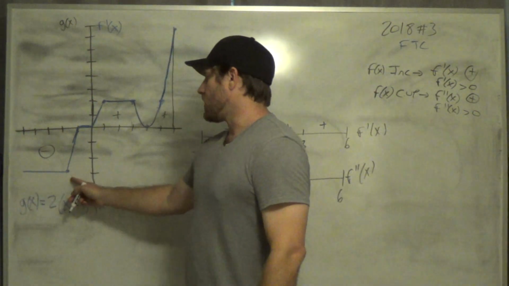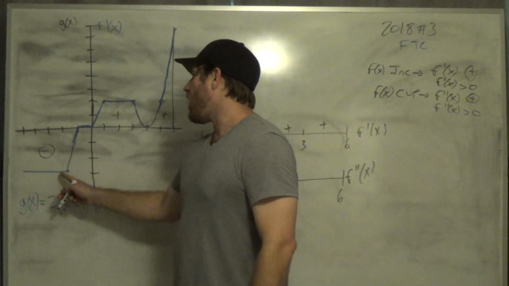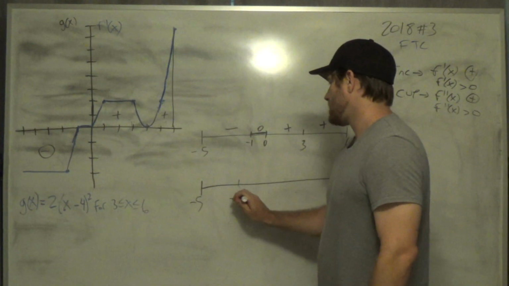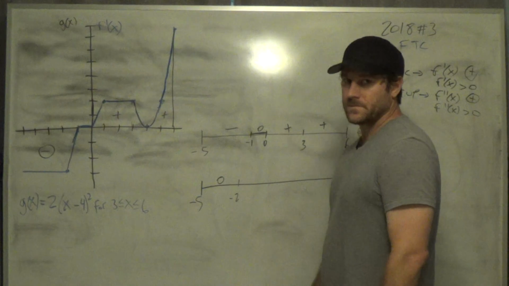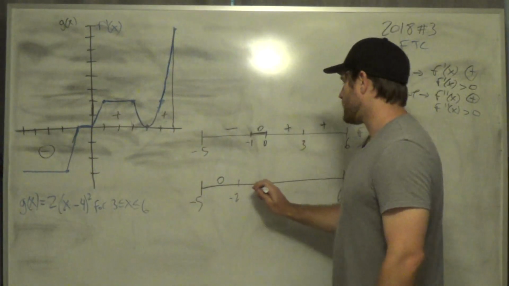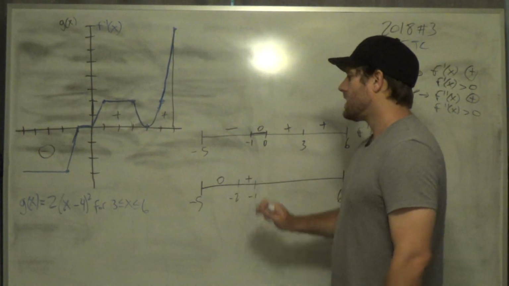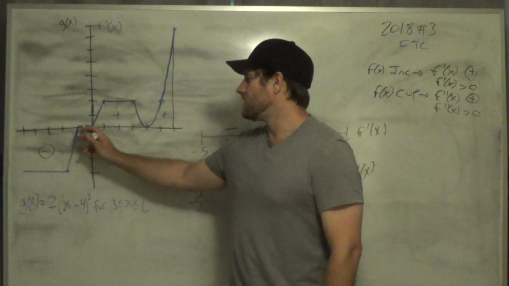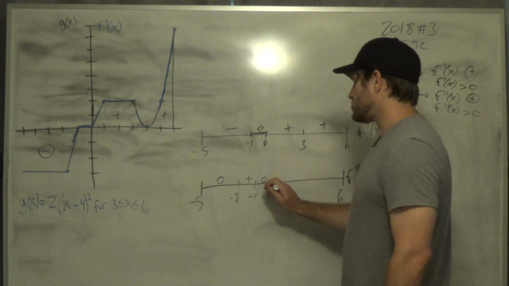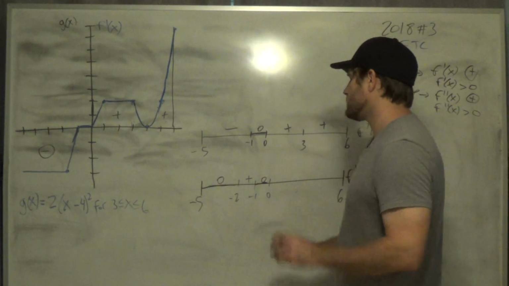My slope is 0. So from -5 all the way to -2, my slope is 0. Okay? And then from here to here, I have a positive slope. So from -2 to -1, I have a positive slope. And then from -1 to 0, my slope is 0. So weird having a slope of 0.